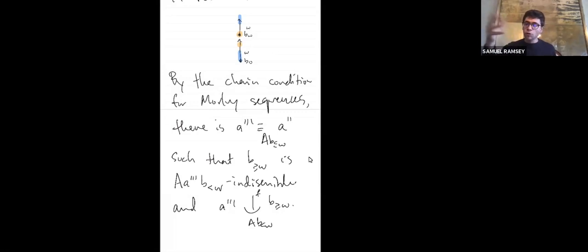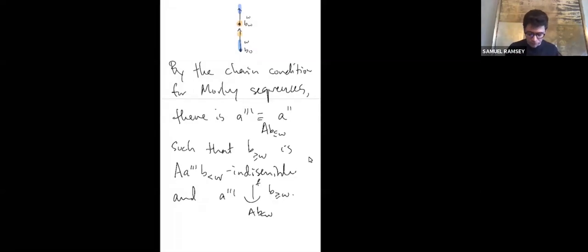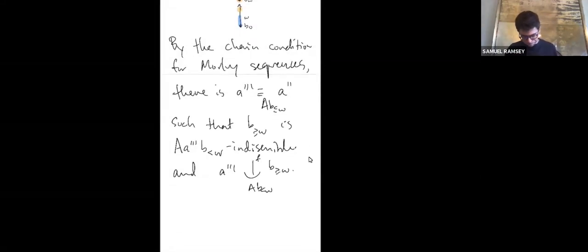That statement is something we proved last time when we assumed the sequence was additionally a Morley sequence. So over A b less than omega, we know that this tail segment of our indiscernible sequence is a Morley sequence over this bigger base. So we can apply this weaker chain condition, which is just for Morley sequences here. And that means we can make this indiscernible and independent.